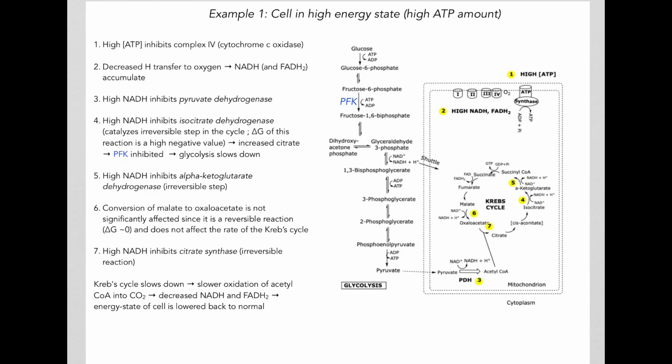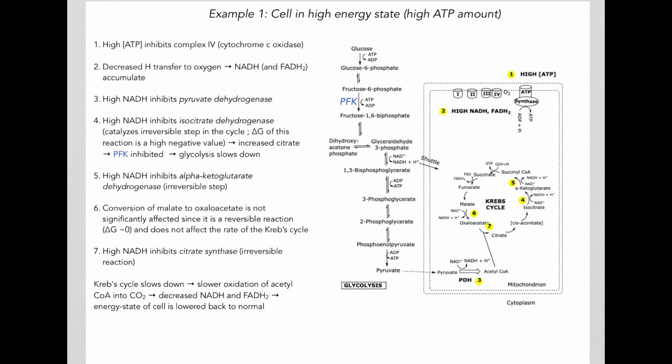So with the inhibition of these enzymes of the Krebs cycle by NADH, the Krebs cycle will slow down. There will be a slower oxidation of acetyl-CoA into carbon dioxide. There will be decreased amounts of NADH and FADH2, and eventually the energy state of the cell is lowered back to normal values.